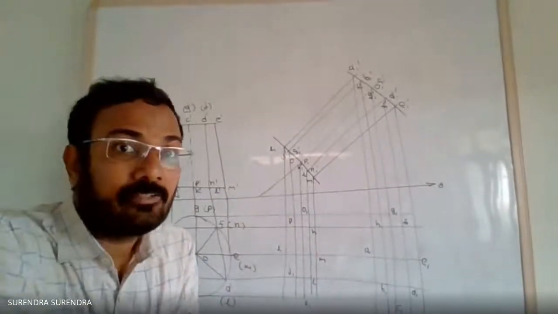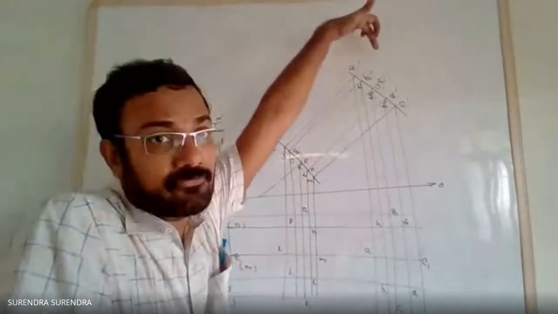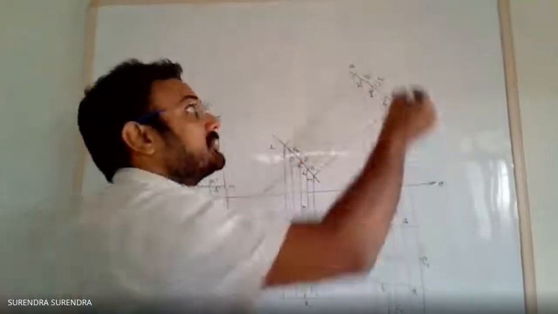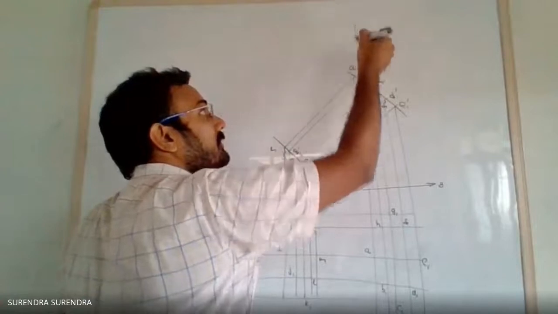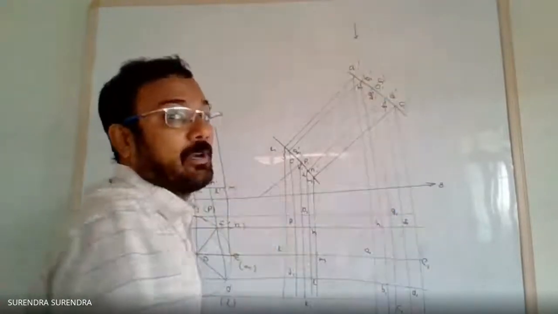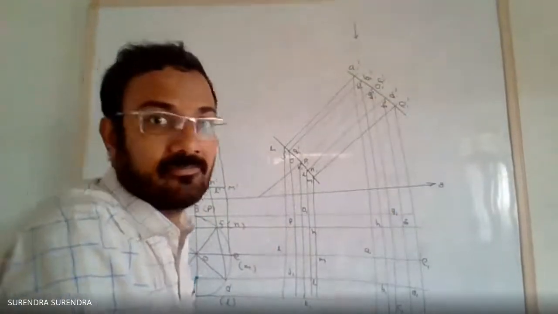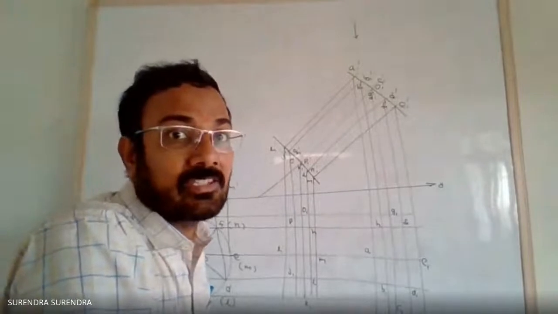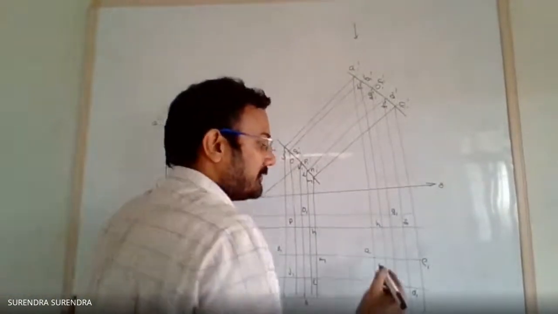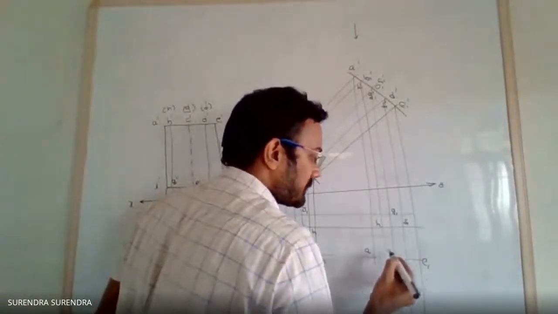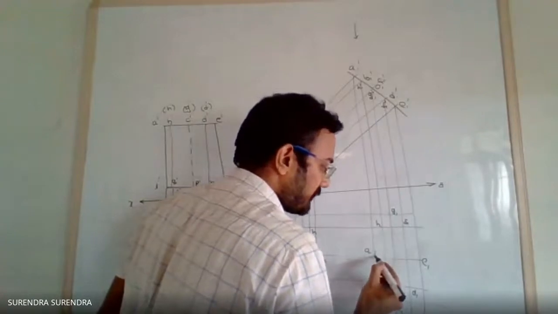So be careful here. When you're seeing from the top, A, B, C, D, E, F, G, H, the complete base is visible. So join all these points with a smooth curve.